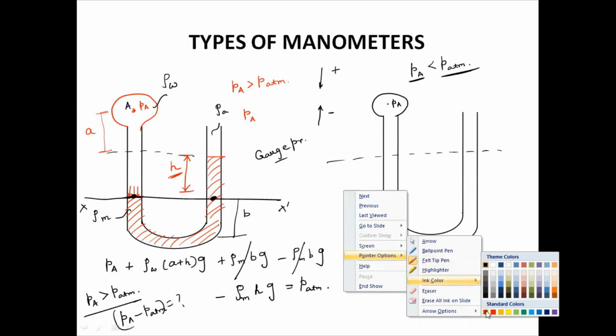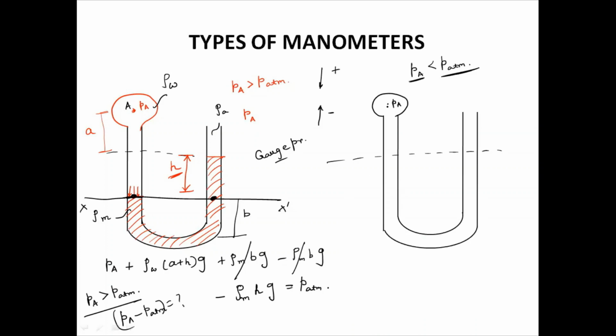Now what is happening? As it is a vacuum, the manometric fluid will go up on this side, and on this side it will go down.